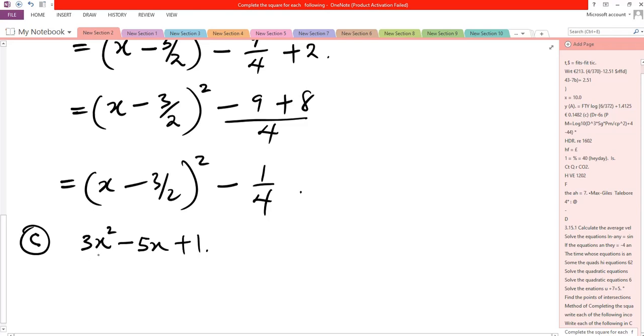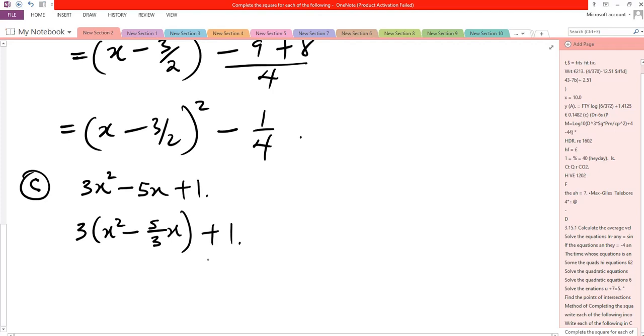Now the coefficient of x squared is not 1. So what we're going to do is we just say 3 into x squared minus 5 over 3 x, plus 1.